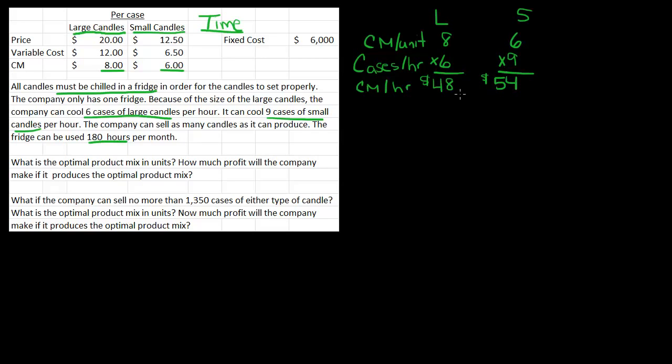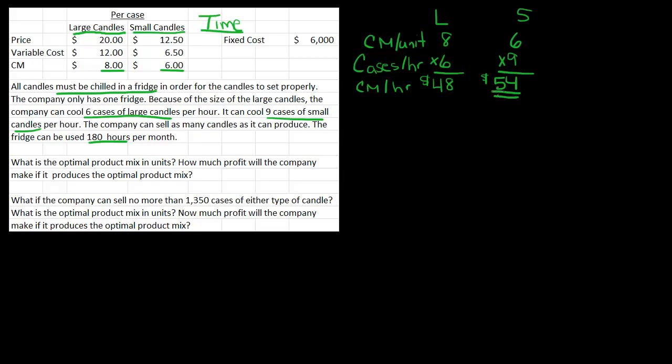So now, if my goal is to maximize my profit, I want to make the units where I'm going to make $54 an hour, because then I'll make more money in the 180 hours I have. So if I were going to make a product, I'm going to make the product that makes me the most money, which is small. Well, how much money can I make?